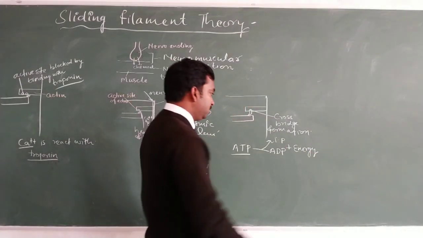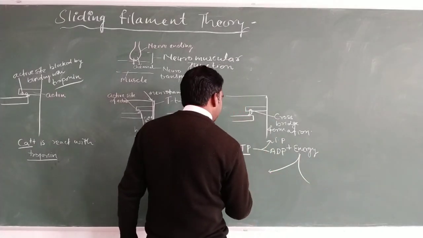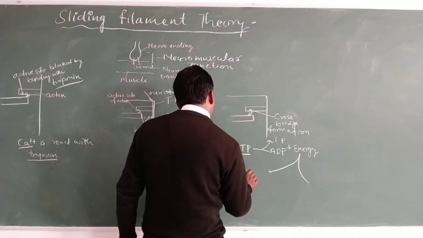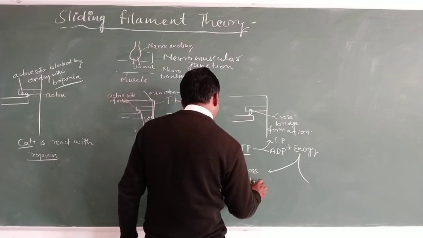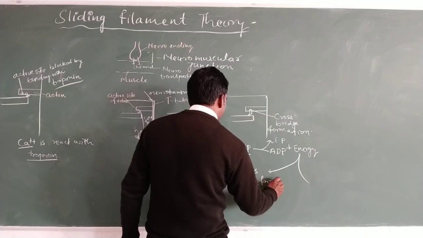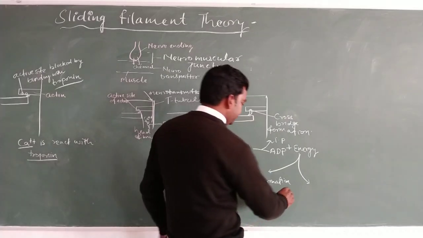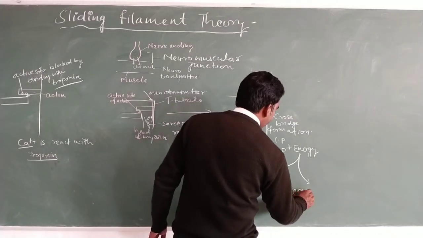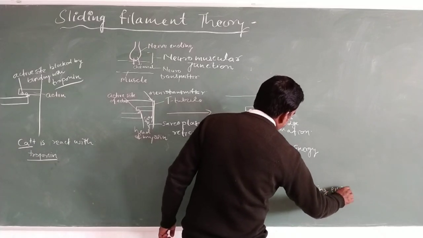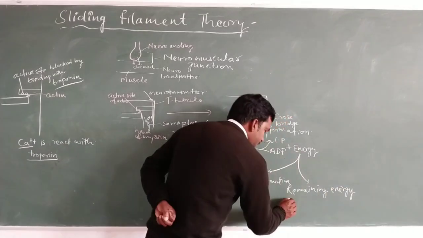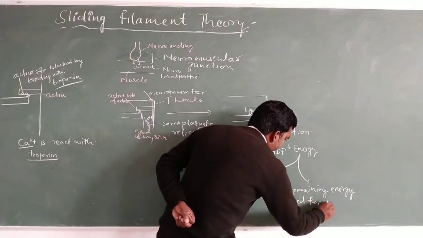A part of that energy is responsible for cross bridge formation, while the remaining energy is used for the power stroke.